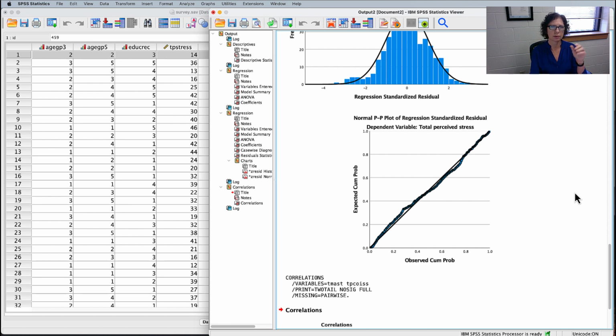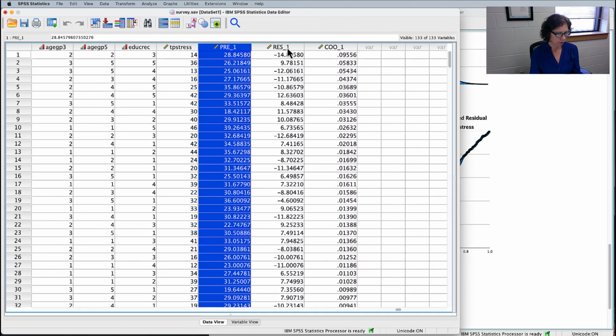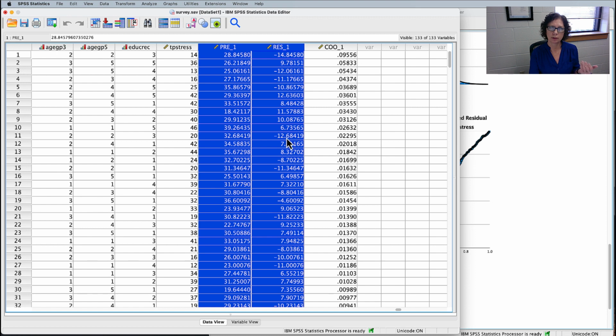So two things. And it happens to be two things that we have when we saved the predicted and the residuals here. So we have those two variables. We just need to look at a scatter plot and look at the correlation test between these two variables.